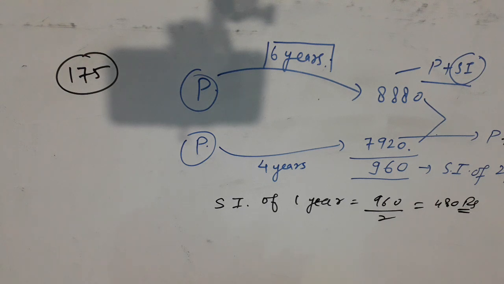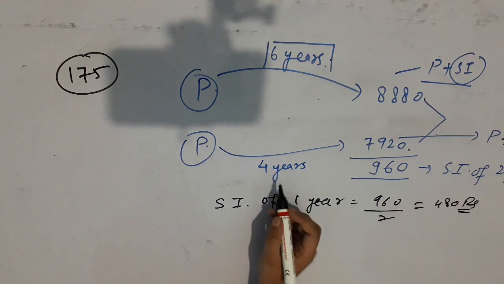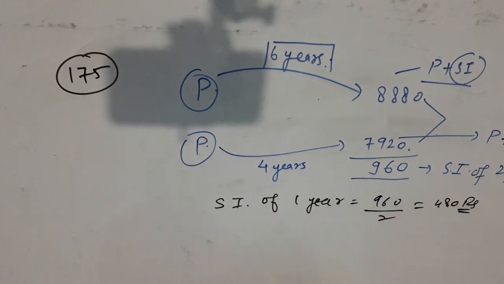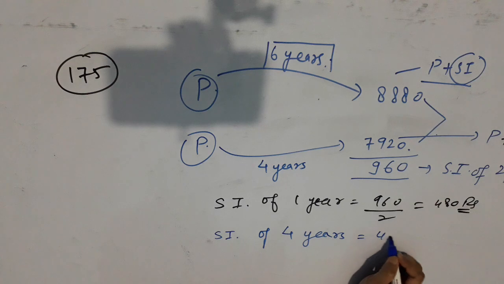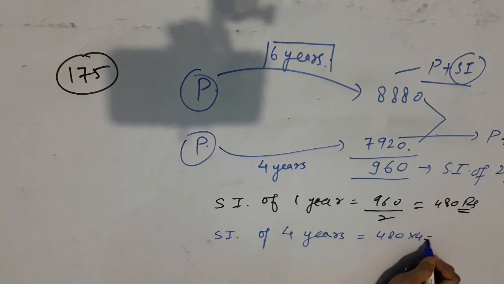Now you can easily find the principal. If the SI of 1 year is this, then SI of 4 years will be 480 into 4, that is equal to 1920 rupees. Now what is this?